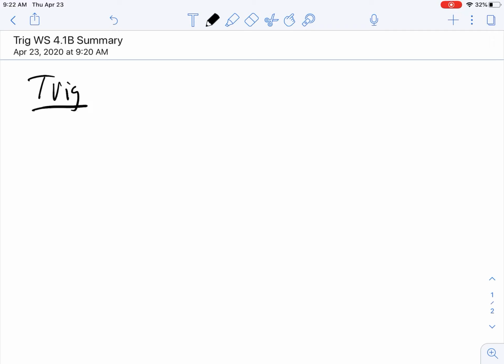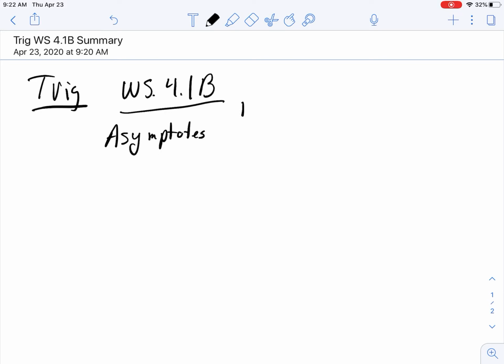Okay, so for the trig class here, I thought I'd do a little summary for worksheet 4.1b in terms of how to graph out secant, cosecant, and cotangent. So the big question usually comes up is asymptotes.